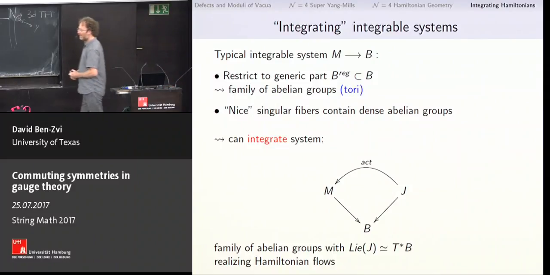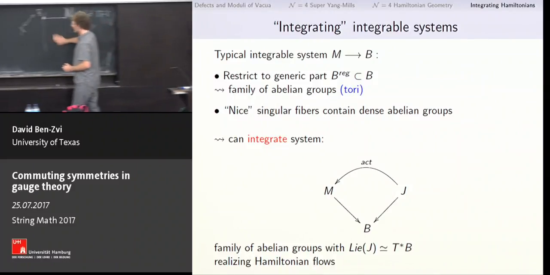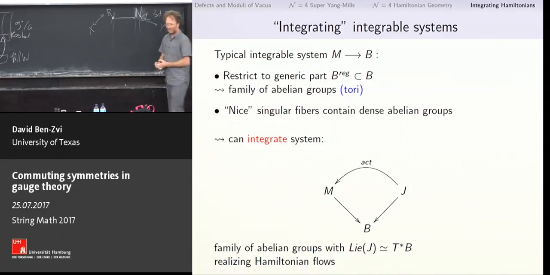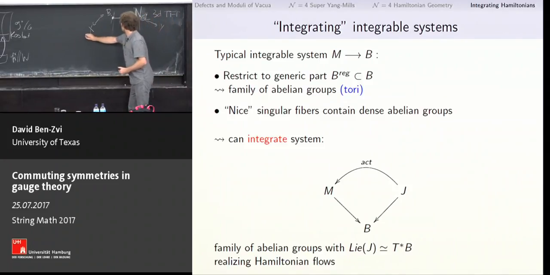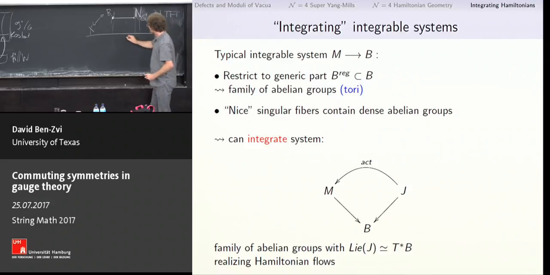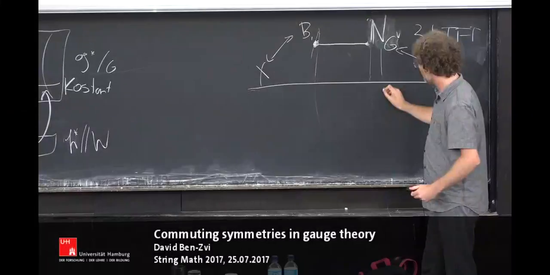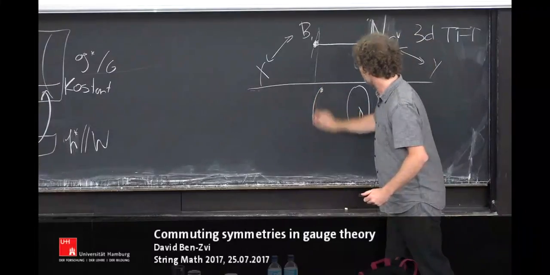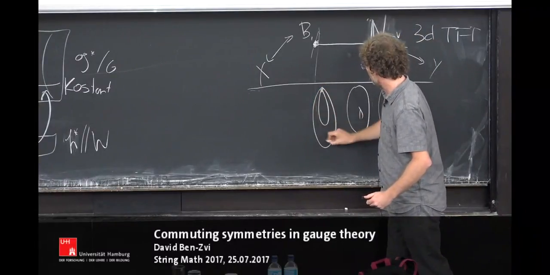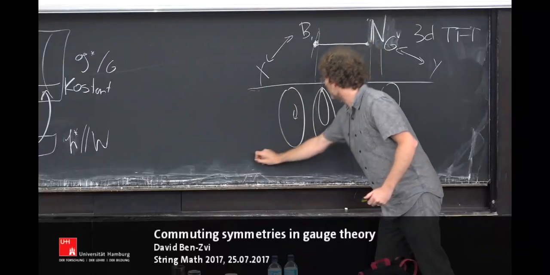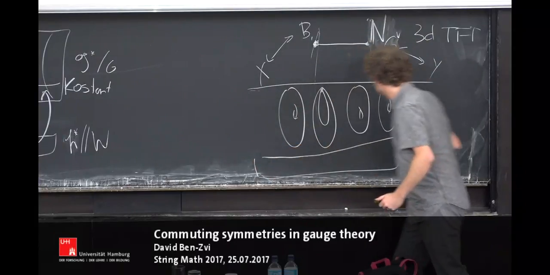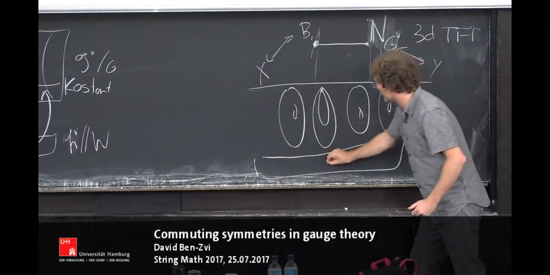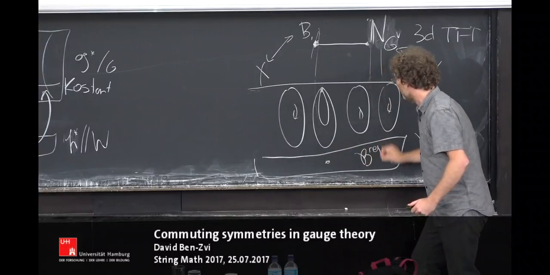So when I think of a Hamiltonian system, I'm not brave enough to follow McLean, I'll just erase. So what do we mean by an integrable system? Typically you have a family of tori with some degenerate points. So here's a base of an integrable system, and away from some bad locus there's a regular locus of the base.